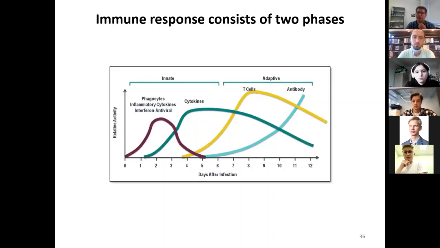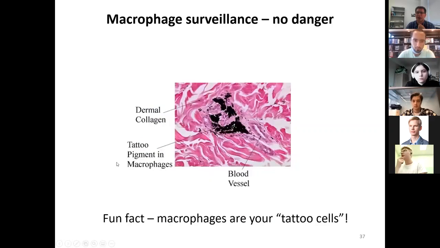Now, the macrophages themselves are present in almost all of the organs of the body, and they survey the environment at all times, even without any specific immune signals. For example, some of you might have tattoos.